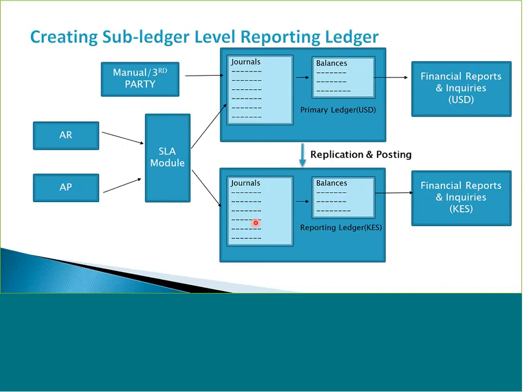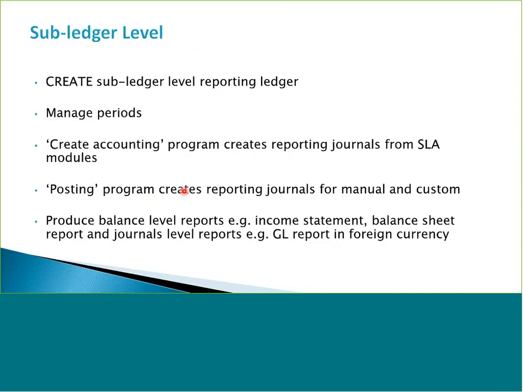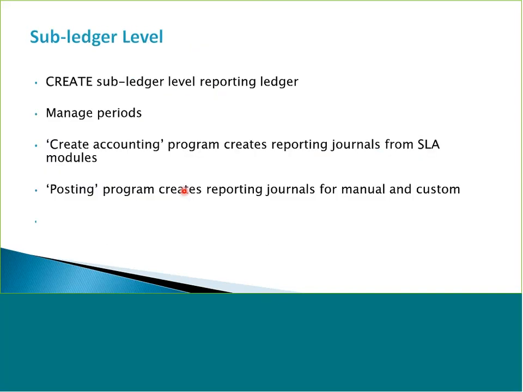This option is not available for the journals level and for the balances level, because for the journals level, these journals are created by the posting program. Once we post, that's when they are replicated and posted in this reporting currencies ledger, which means there are no links back to the subledger modules. So that's one advantage of the subledger level.